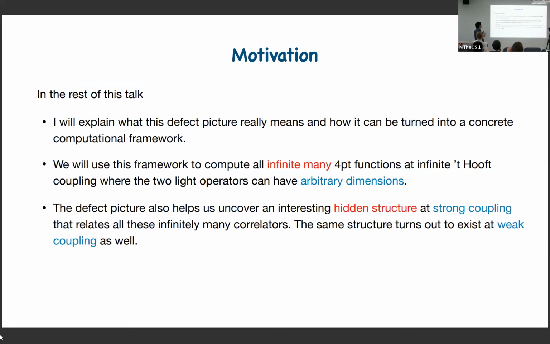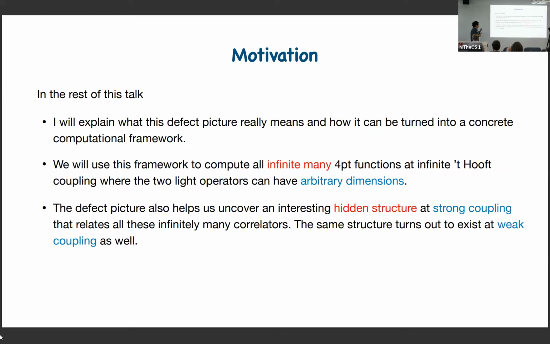So here is the plan for the rest of the talk. First, I'm going to explain more precisely what this defect picture means and how we can make use of it as a computational framework. Then I'm going to show you, by extending the techniques we saw yesterday, how we can bootstrap all infinitely many 4-point functions with giant gravitons and light gravitons in the limit where the 't Hooft coupling is infinite.